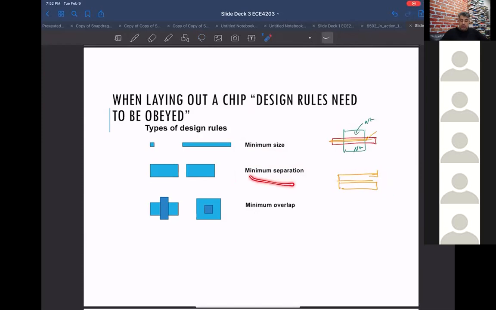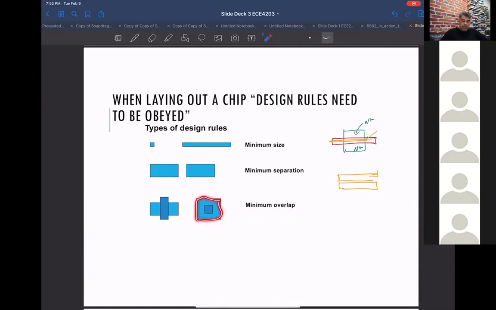You'll see minimum size, you'll see minimum separation, and then some things like the gate over the active, or metal 1 over contact, or metal 2 over via and metal 1 over via. There's a minimum overlap. This would be, for example, a metal overlapping a contact or a via.